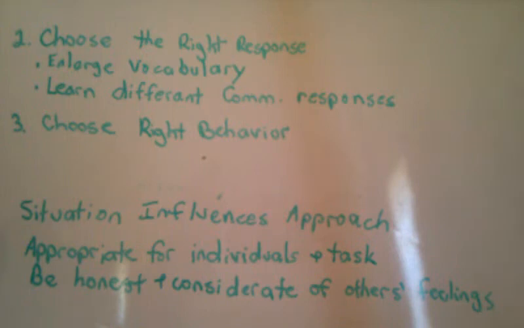When considering how to respond in a situation, you should judge your choice against these criteria. Does my choice correspond with what I believe to be true? Does my choice help to bring about the desired outcome? Does my choice take into consideration the feelings and needs of the other person? Okay.